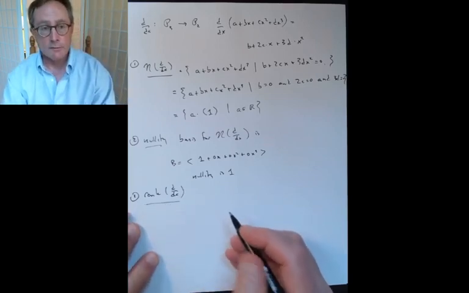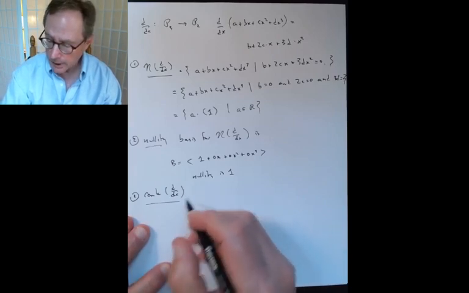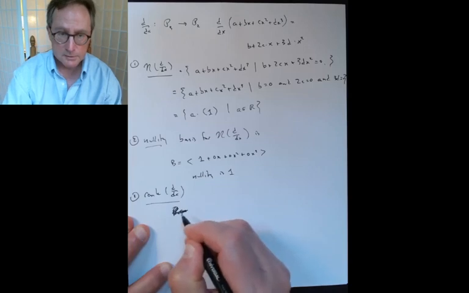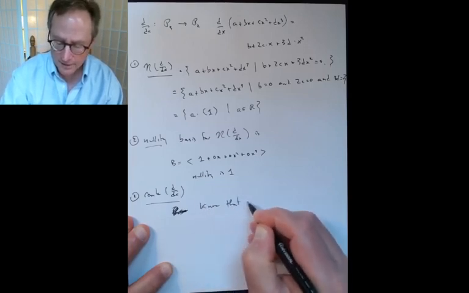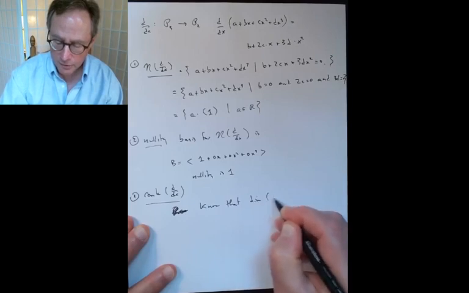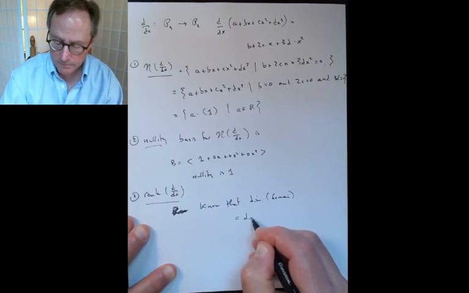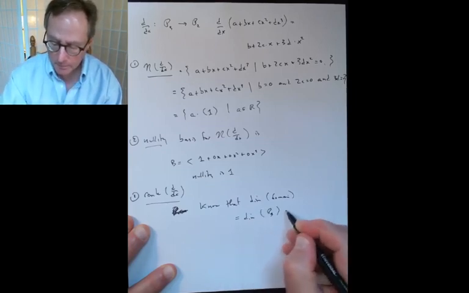Okay, and then for the rank, of course, we have the formula, and I'm determined to apply it. So we know that the dimension of the domain, which is the dimension of polyspace 3, is 4.